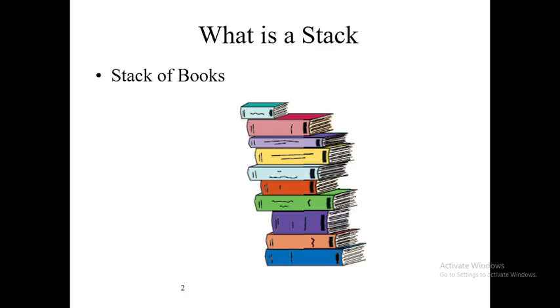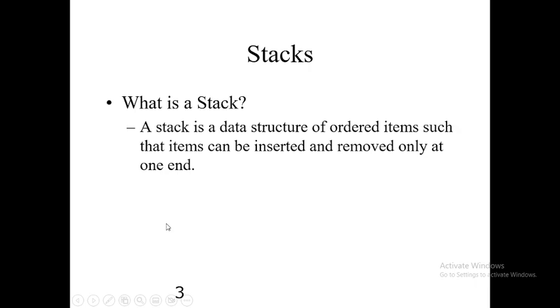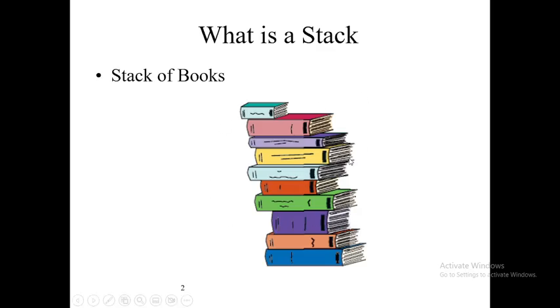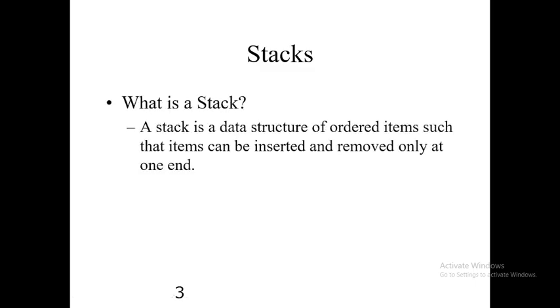So we will see the basic definition of a stack. A stack is a data structure of ordered items. In the previous example, does this follow some order, or is it unordered? It follows some kind of order, as you place books one by one. So a stack is a data structure of ordered items.